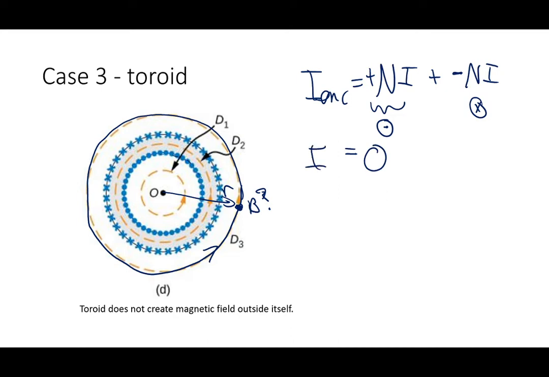So once again you can say, therefore my magnetic field for points outside, bigger than my outer radius, is also 0.